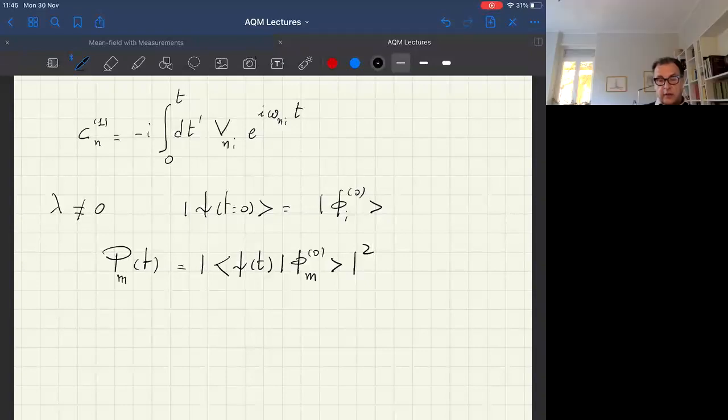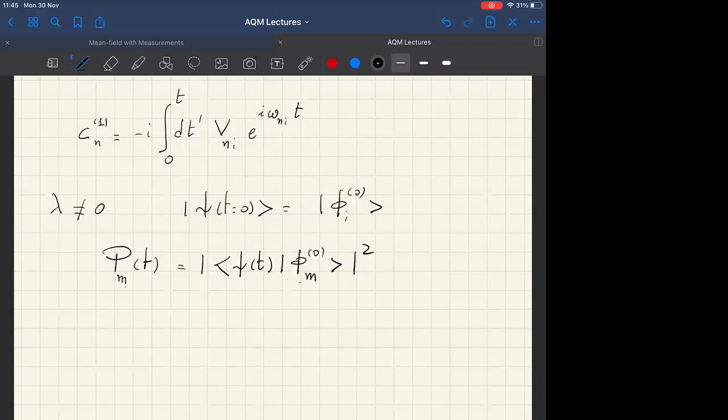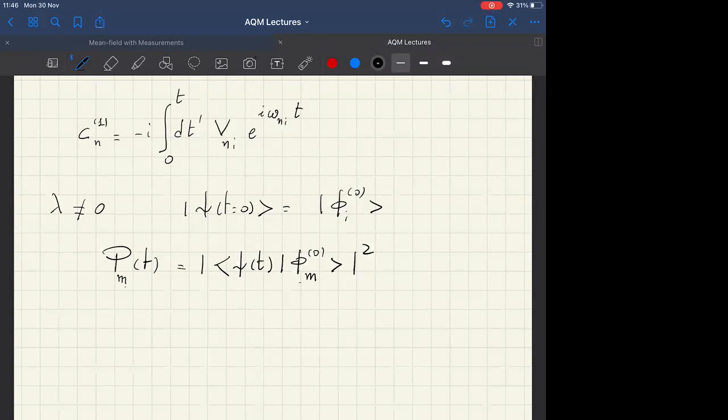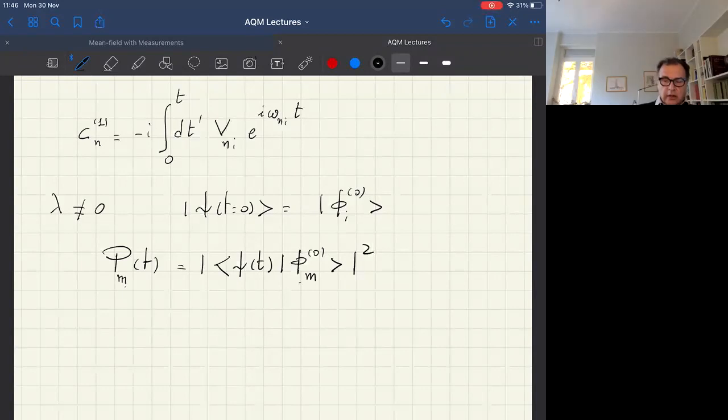No, I think this is correct, because I want to know the probability to find the state in M, in phi 0 of M. So I have to do the scalar product of the wave function with phi 0 of M. Maybe she means that the bra must be phi M 0. It's in reverse.